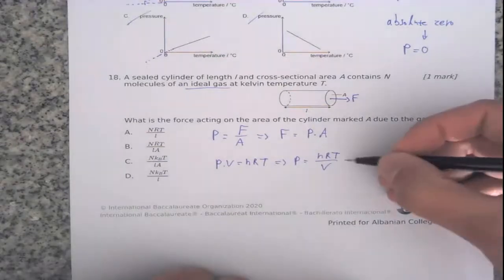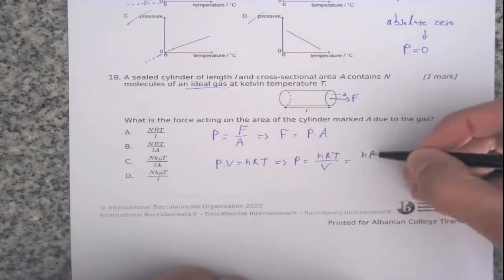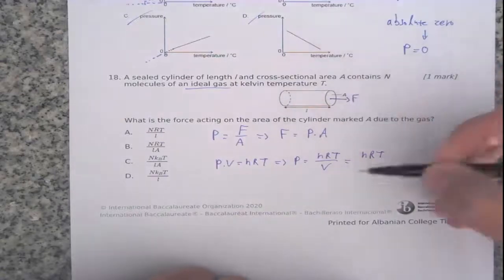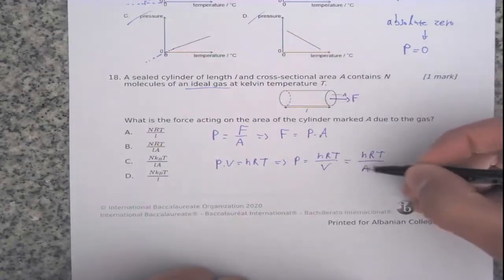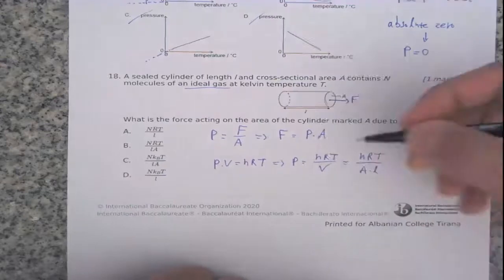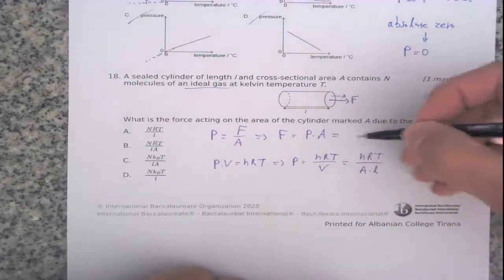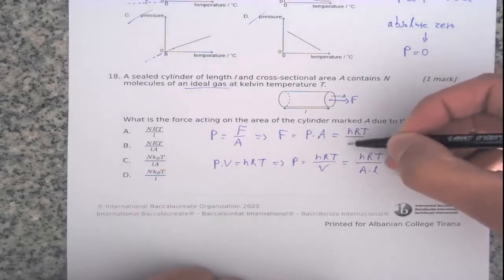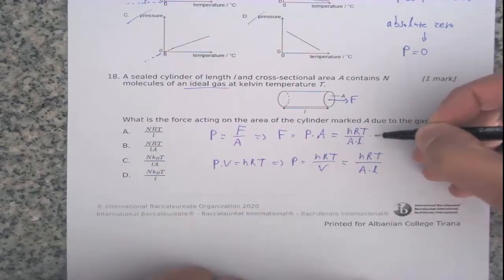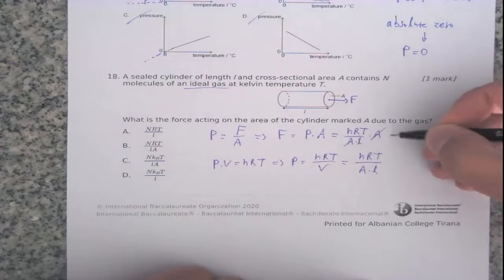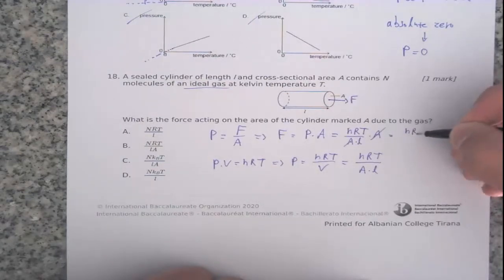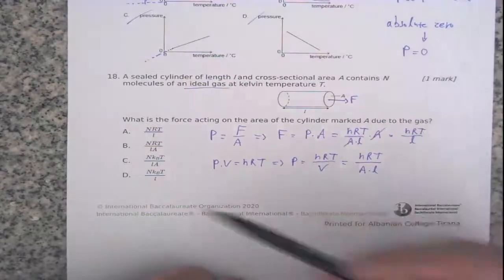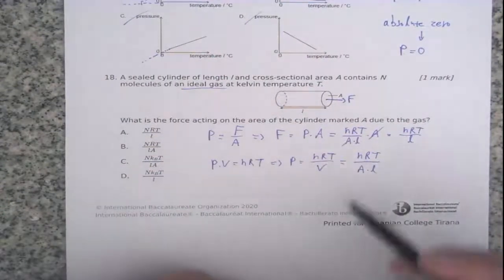Now the volume can be found by multiplying the cross-sectional area times the length of the cylinder, so it's A times L. So I need to replace this one here. So I have nRT over A times L, times A. The A is here, they cancel out. So I have nRT over L. But there is nothing like this in my choices. So what do I have?